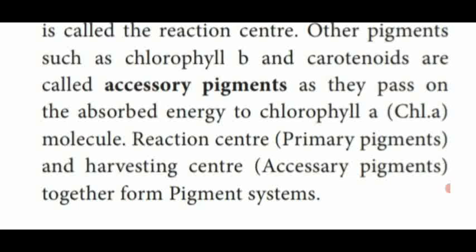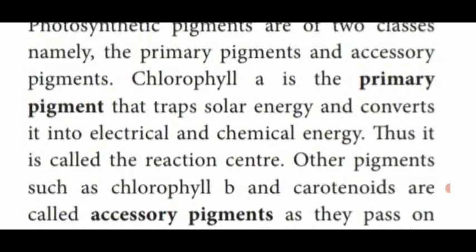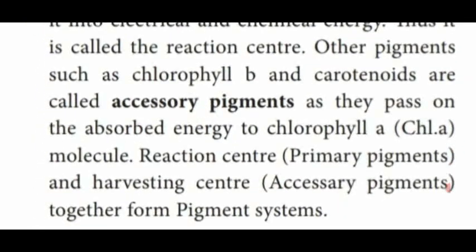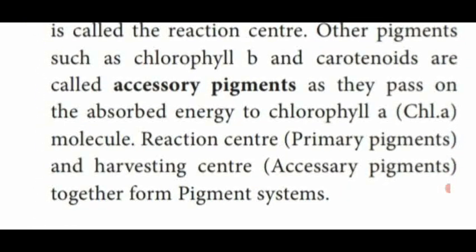Accessory pigments are named the harvesting center. Both of them combine together to form the pigment system. So these are all the different pigments of photosynthesis. With the help of these pigments only, the photosynthetic process takes place in green plants.